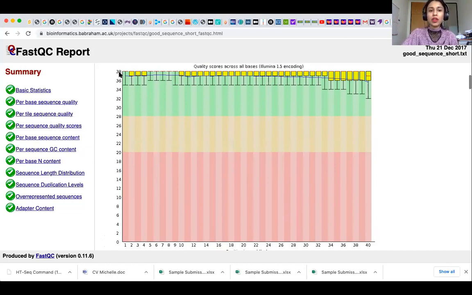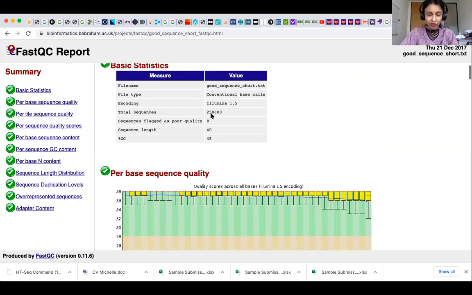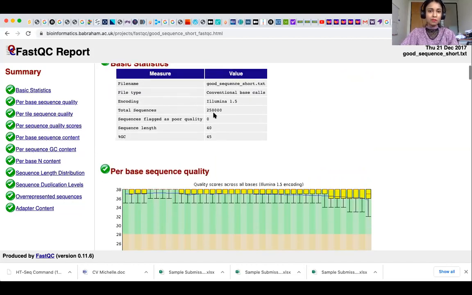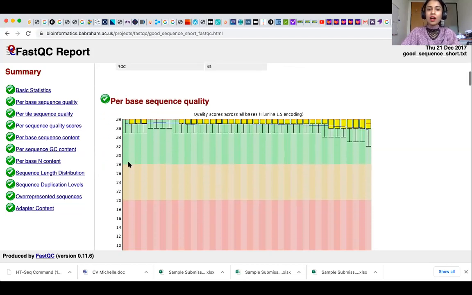And when you have very high quality scores up to 40, you are 99.99% sure that it's accurate. So this actually shows exactly that. All the reads in each position, all the way to the 40th position for the whole 250,000 sequences that were sequenced, are above quality score of 28.